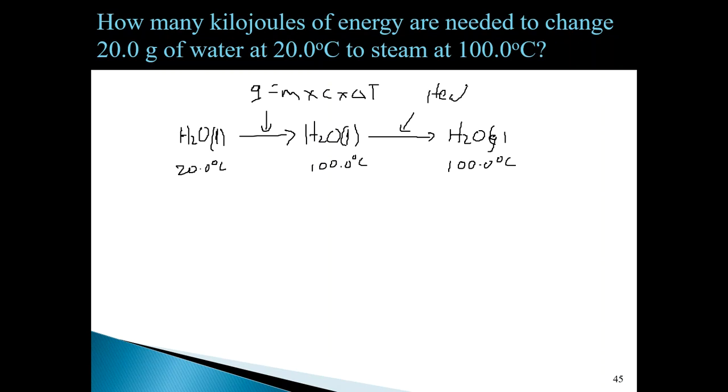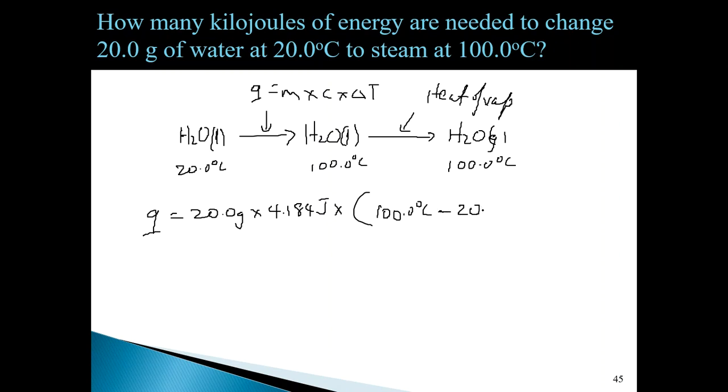Okay, so to calculate the first part here, Q is equal to the mass, which is 20.0 grams, times 4.184 joules, times the temperature change, which is 100.0 degrees Celsius minus 20.0 degrees Celsius.